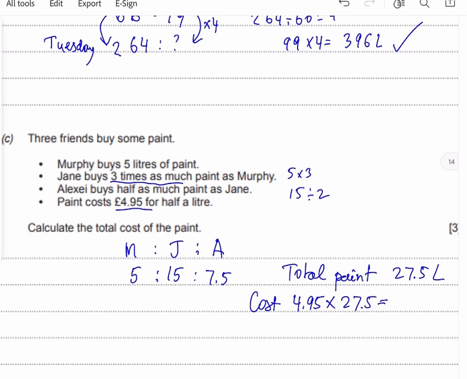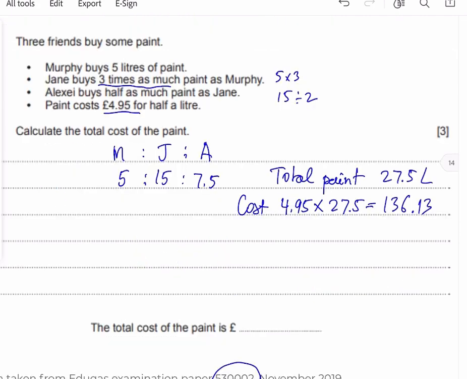You multiply it by the amount of liters, and use the calculator. This is when I got stuck because I couldn't find this answer in the mark scheme until I realized paint cost £4.95 for half a liter. That means you have to multiply your answer by 2.